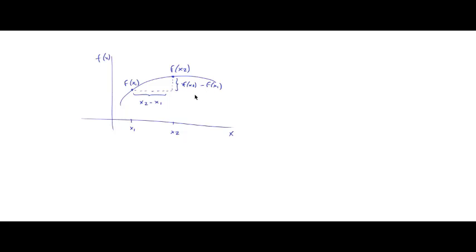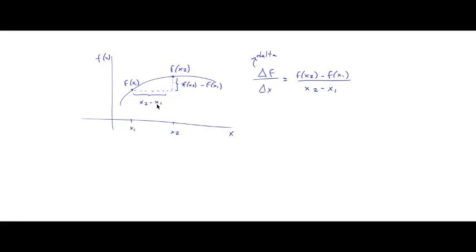And we typically represent this like this: delta, the Greek letter delta, the capital one, and then delta f with respect to delta x, the increase in f relative to the increase in the variable. So this is f of x2 minus f of x1 divided by x2 minus x1.